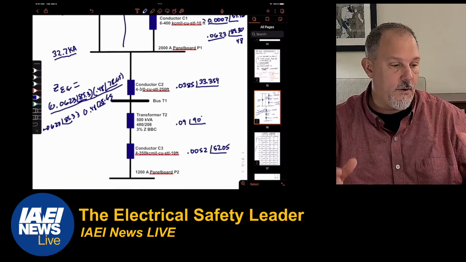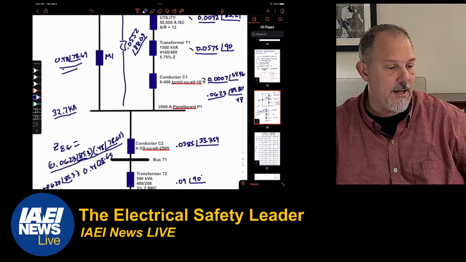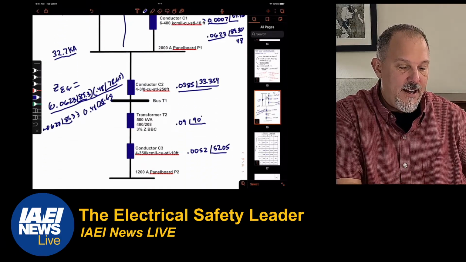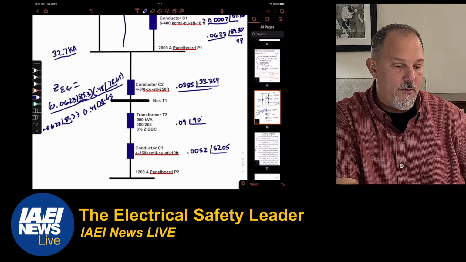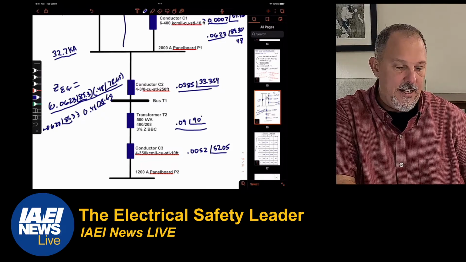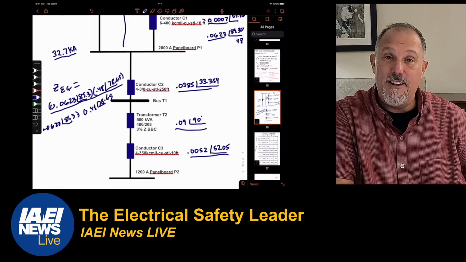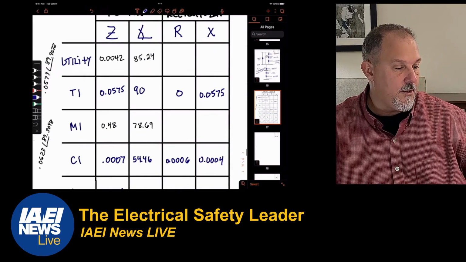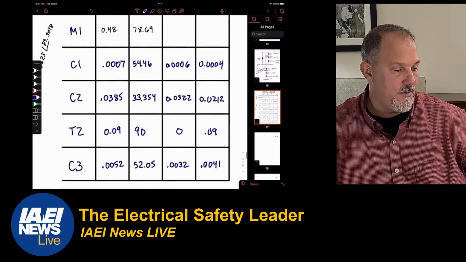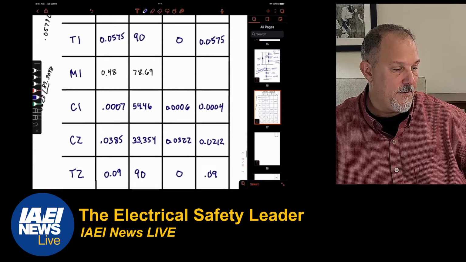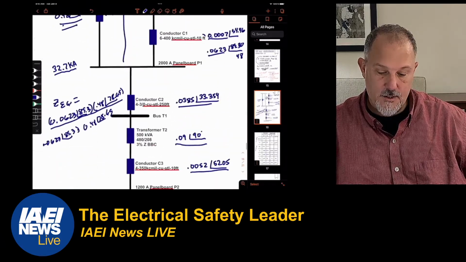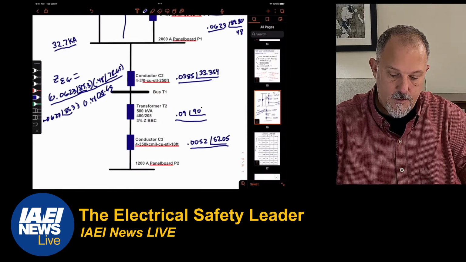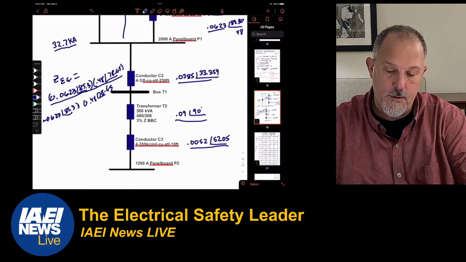Then to get the full fault current, I take 0.0552 at an angle of 88.09, add that with 0.0385 at an angle of 33.354, add that with 0.09 at an angle of 90, add that with 0.0052 at 52.04, and get the total. So there's our numbers. So let's do it. 0.0385 at an angle of 33.354.